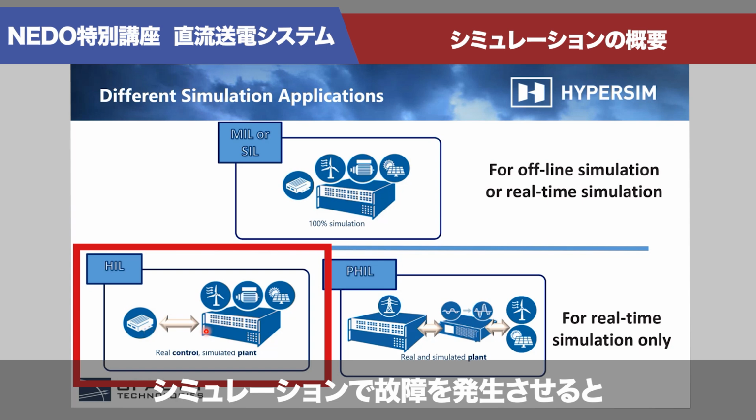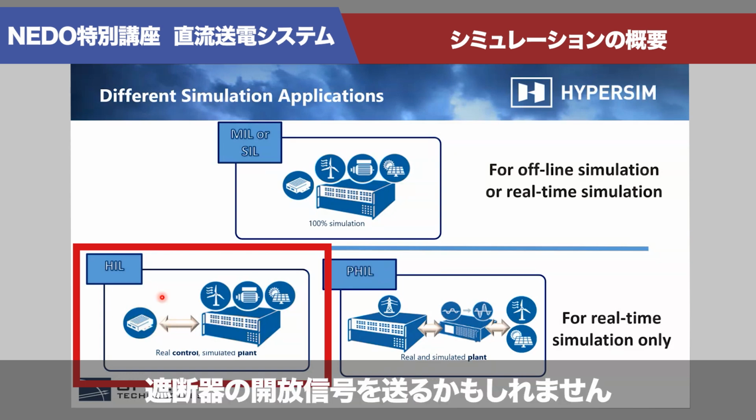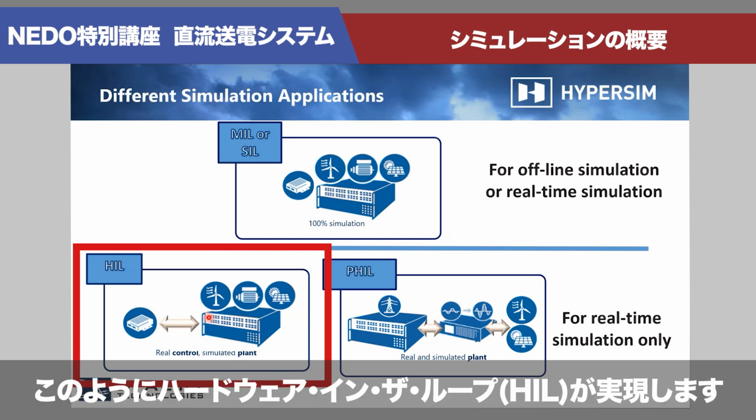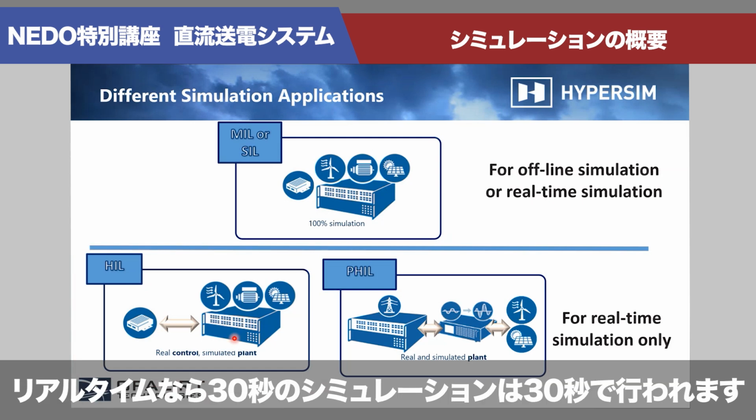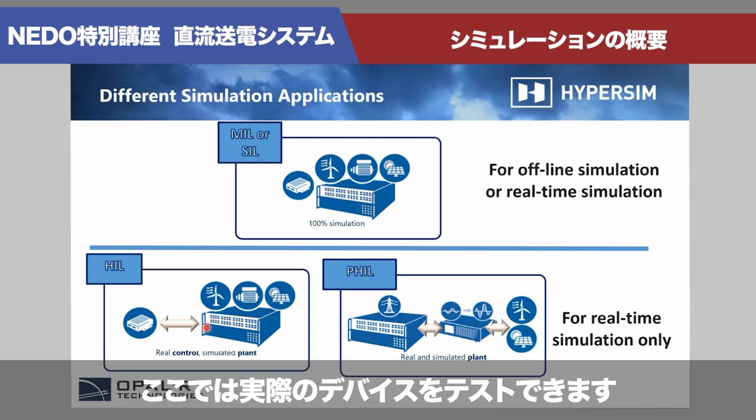If you apply a fault in your simulation, then the voltage and current signals will change. So your relay will react and maybe send back a signal to open the line breaker. So here you have hardware in the loop. In real time, your 30-second simulation case takes 30 seconds. It has to, because it's connected to a real device. So here you can test real devices.